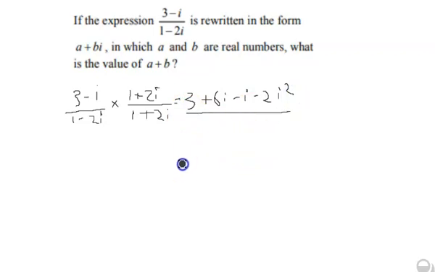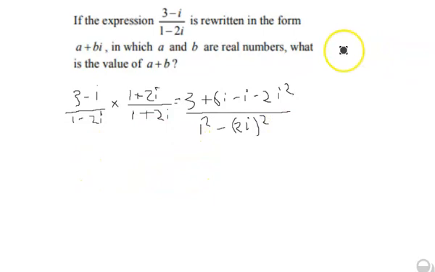All over, now the denominator is a difference of two squares. So what you do right here, it will just be 1 squared minus (2i) squared. That's what we mean by a difference of two squares. That's what the denominator is equivalent to.